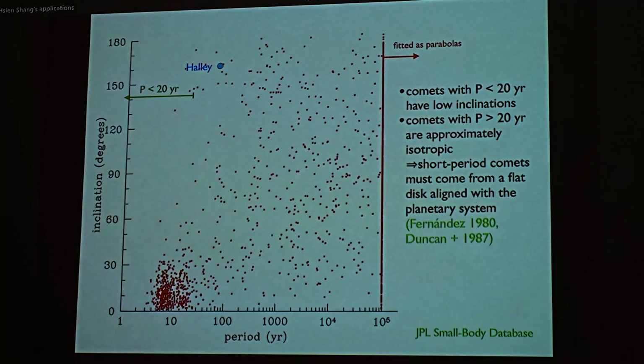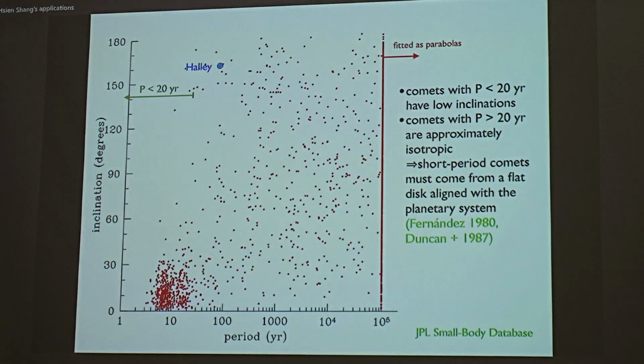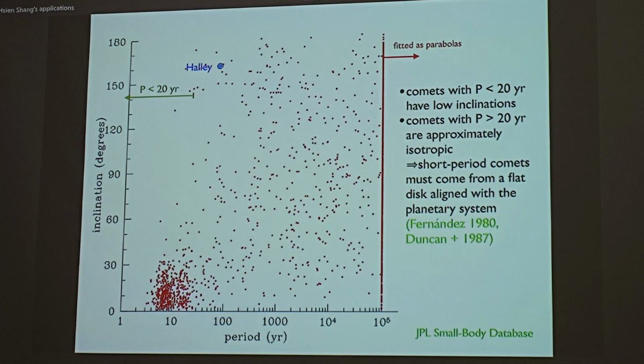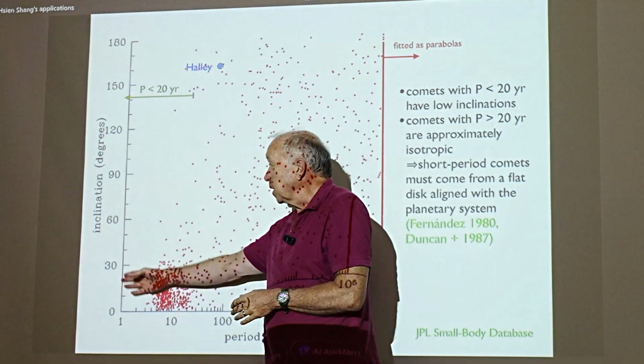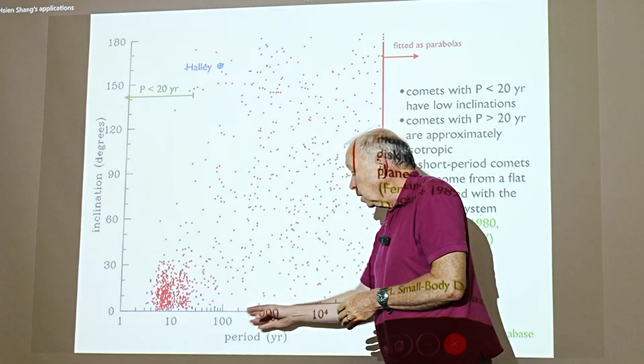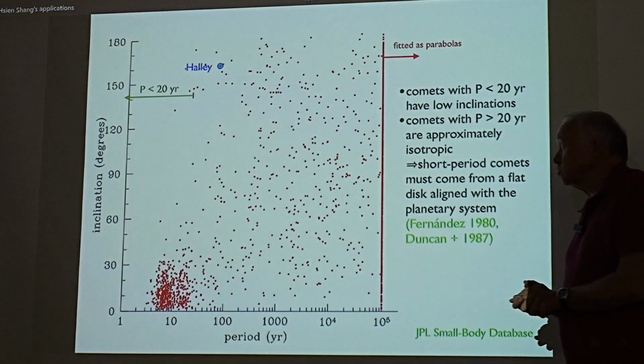Okay, so the best way to think about the origin of comets is to look at a plot of the distribution of orbital elements. This shows the inclination relative to the plane of the planets against the orbital period in years.